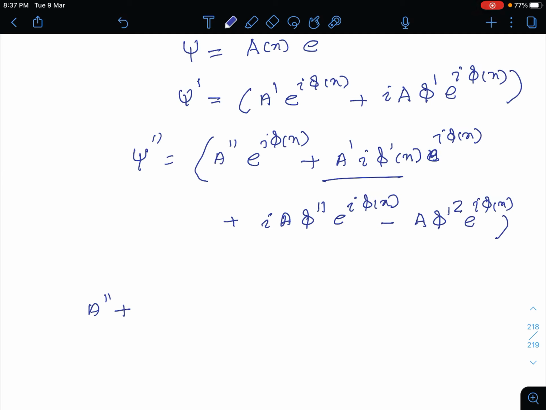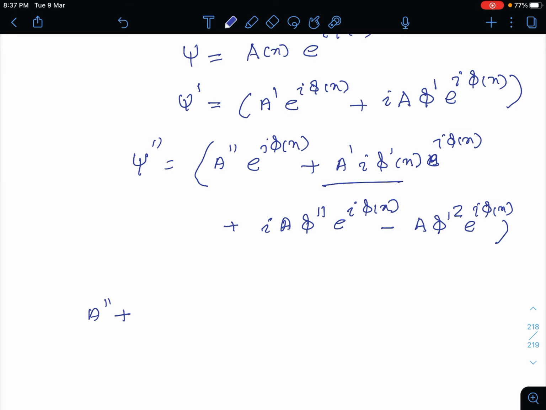Okay, just let me check. I need some term here. So a double dash e raised to i phi of x plus a dash i phi dash e raised to i phi of x.